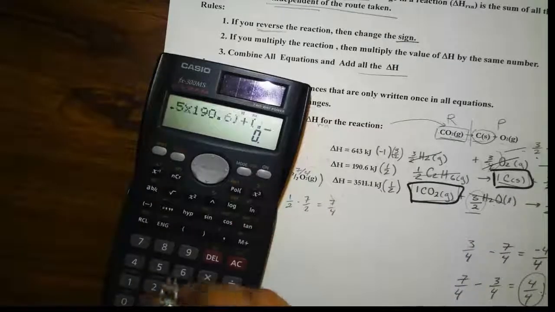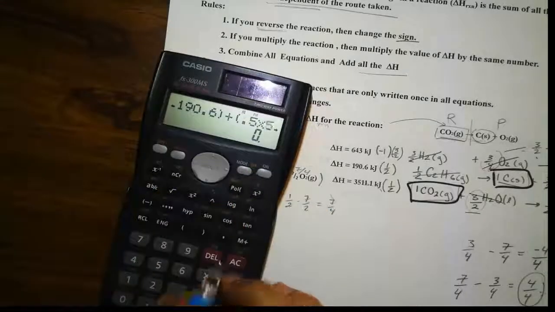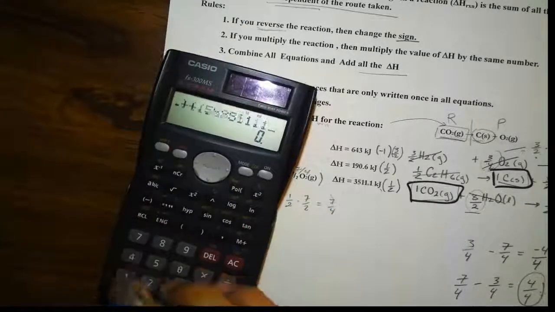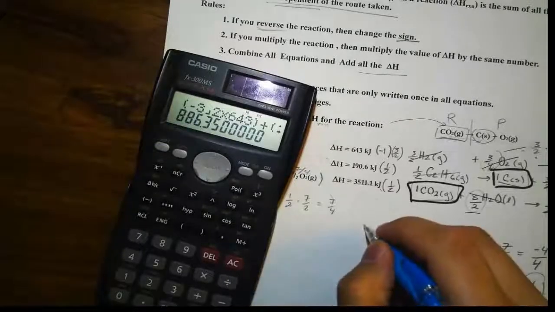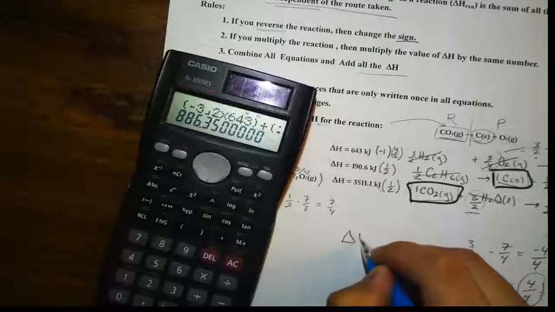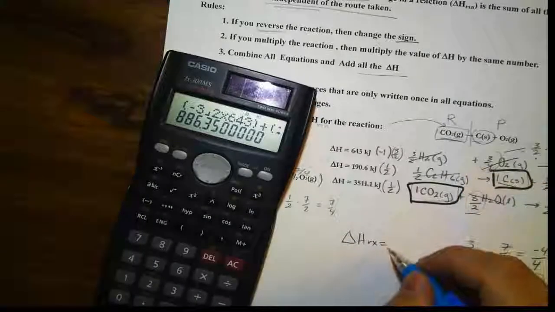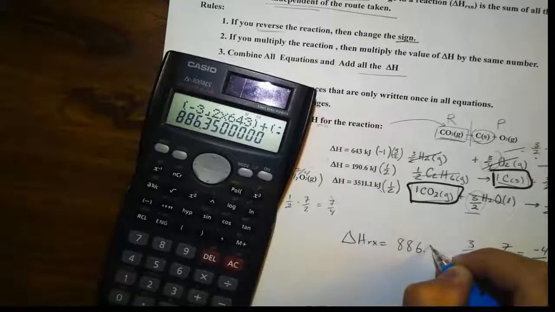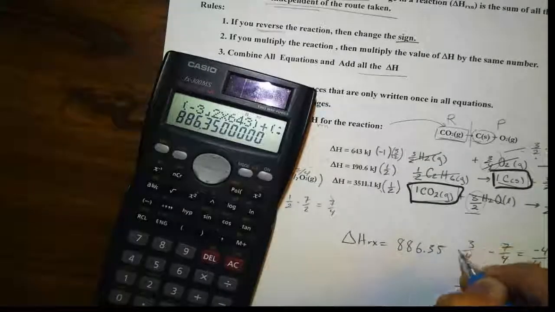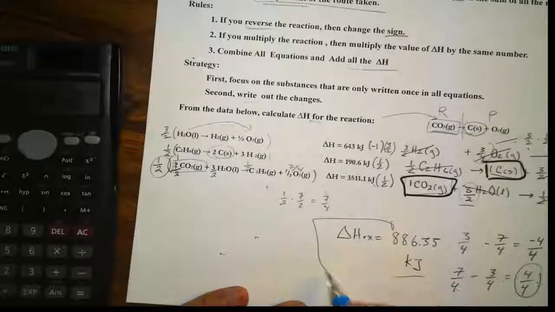So 1/2 is 0.5 times that number, 3511.1. Okay, and that gives us our answer of delta H reaction for this right here, equal to 866.35. And the unit is kilojoule. And that's our answer right there.